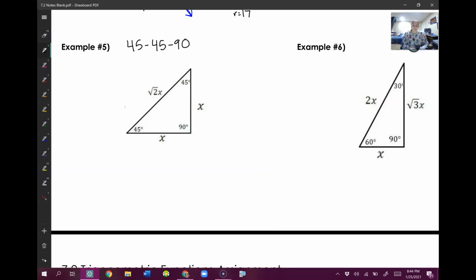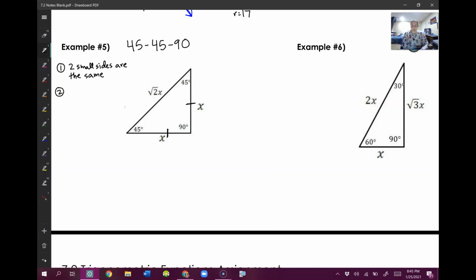Now, a 45, 45, 90 triangle has two specific patterns. The first pattern, if you'll notice right here, is that the two small sides are the same. So this is what we would call an isosceles triangle. An isosceles has two sides that are the same.